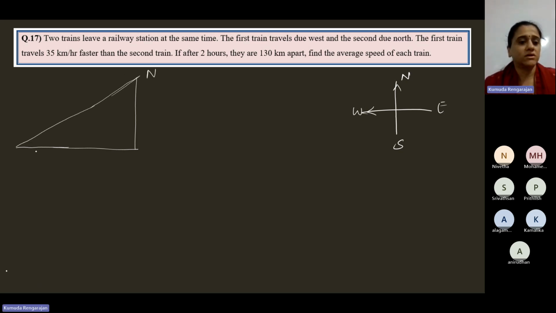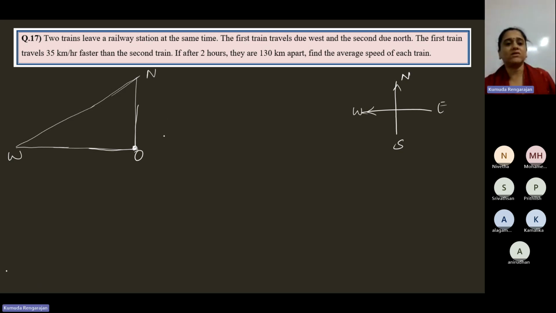This is north, this is west. I'll just call this O. This is the railway station. They leave the station at the same time. One train travels towards west, and the second one travels towards north.